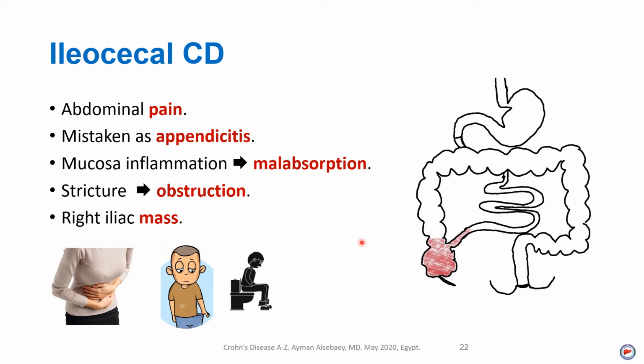Of course, the mucosal inflammation will cause malabsorption with diarrhea. If a stricture is formed in the region of the iliac region, there will be backwash, there will be increased pressure here, and there will be partial intestinal obstruction. Sometimes when the disease extends to the serosa, maybe we find a right iliac mass.